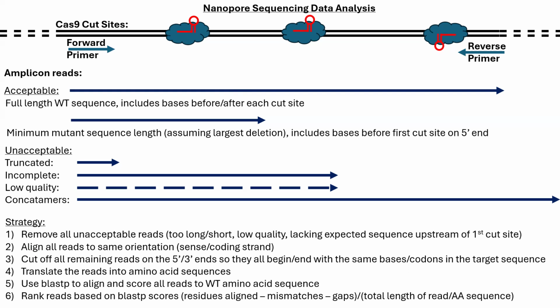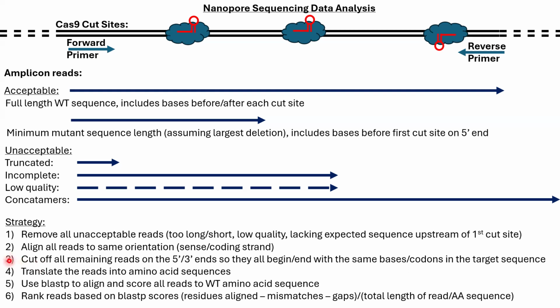So at some point here, I need to take these reads and translate them into amino acid sequences so I can see exactly how that protein sequence changes, and that'll let me know how many of these mutated genes actually have or correspond to mutated proteins.